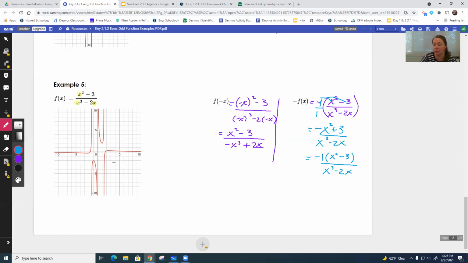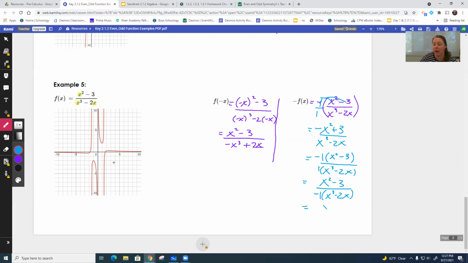It's like, these aren't really, it's still not the same. But this negative 1, this is like having negative 1 and then having a 1 here. Really, this negative 1 can go on the top or the bottom. So I'm going to kind of flip it around. I'm doing a little bit of math magic here, a little creative simplifying. So on top now I have x squared minus 3.